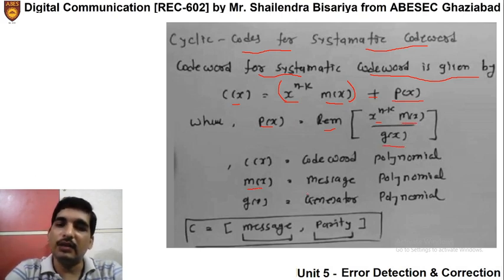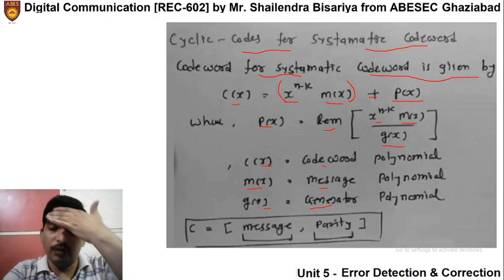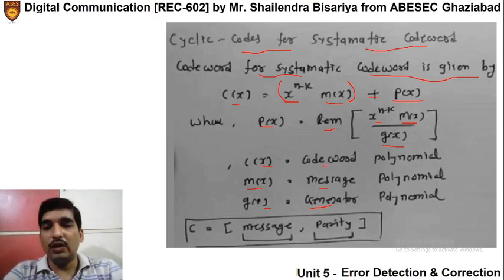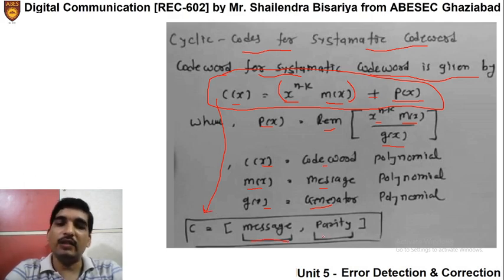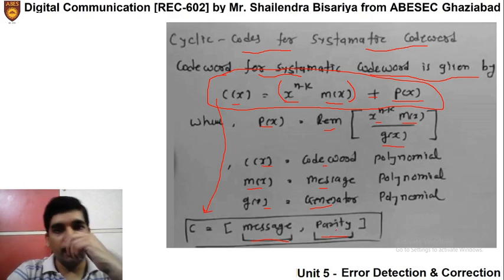We know that mx is the message polynomial, gx is the generator polynomial, and cx is the code word polynomial. If we do this calculation, then we will get the code word in proper order. That means initially the message bits followed by the parity bits.